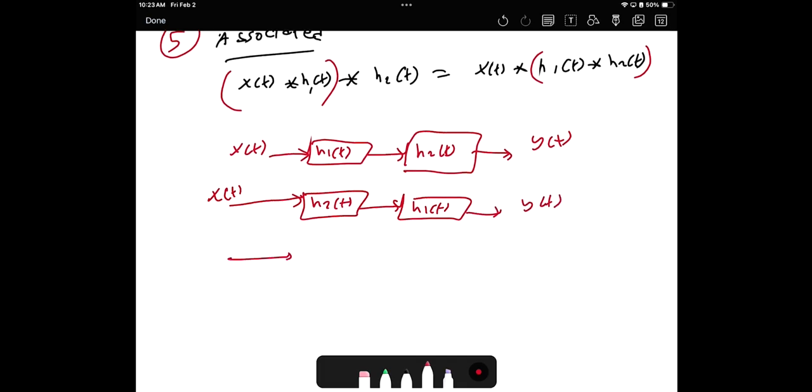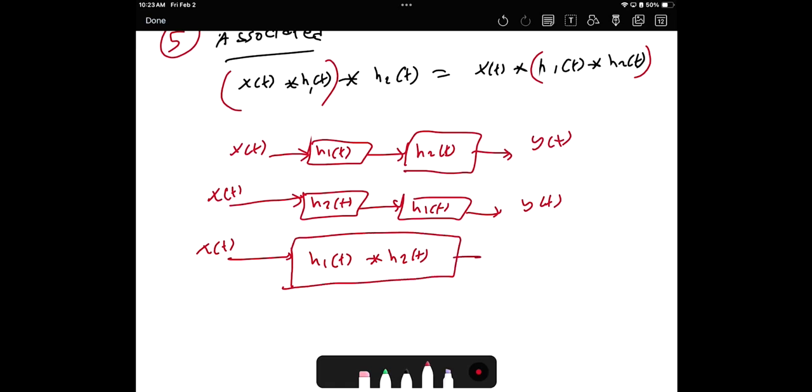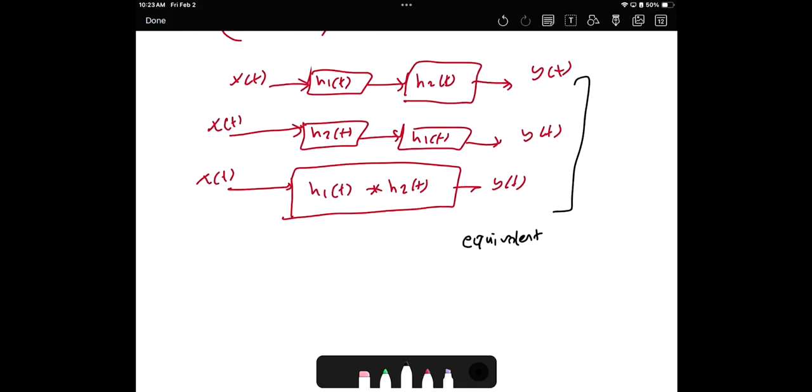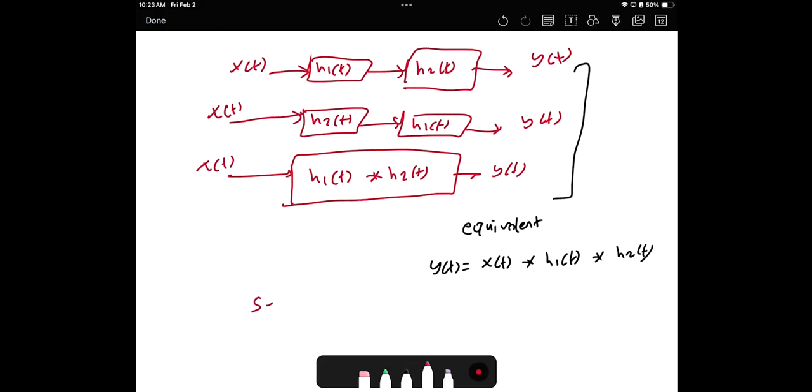Or when you say x of t, then h1 of t convolved with h2 of t, this should give you the same y of t. So all of them are equivalent, which is y of t equals x of t convolved with h1 of t convolved with h2 of t. So we realize here we have a series connection.